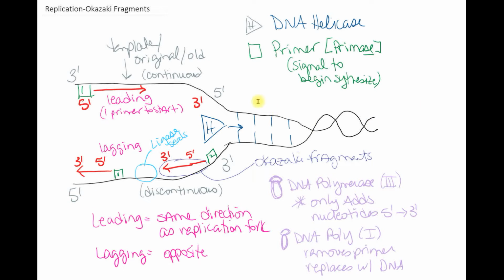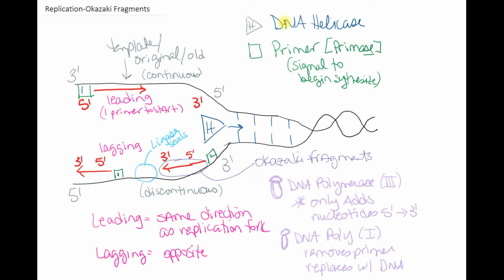Now, when I'm ready to replicate, to make a new, identical copy, first I need to open up the DNA molecule. There are other enzymes involved in this, but we're just going to focus on a few. Some of the other enzymes will be used to keep the molecule open. That's kind of the big one, so we won't get into that.